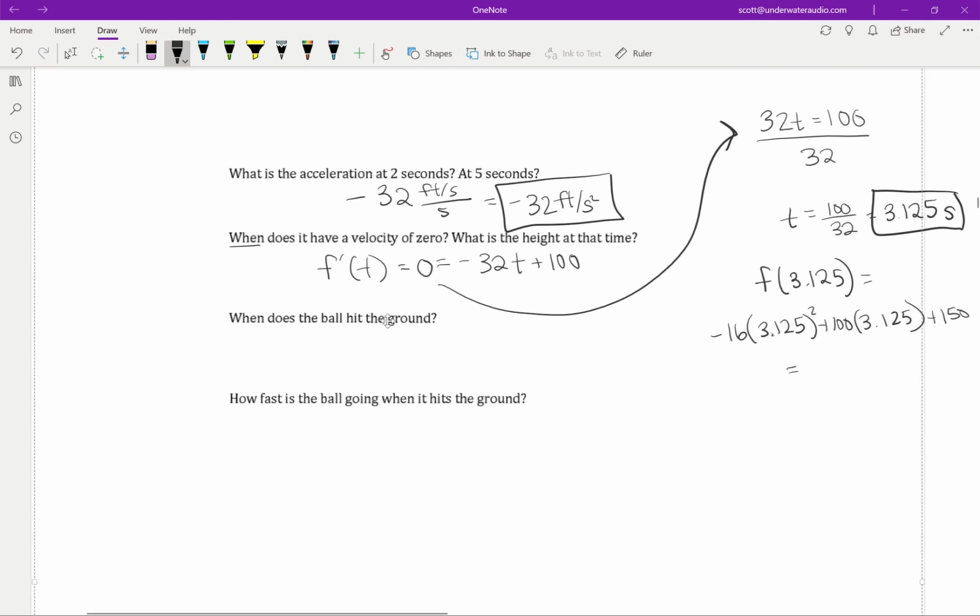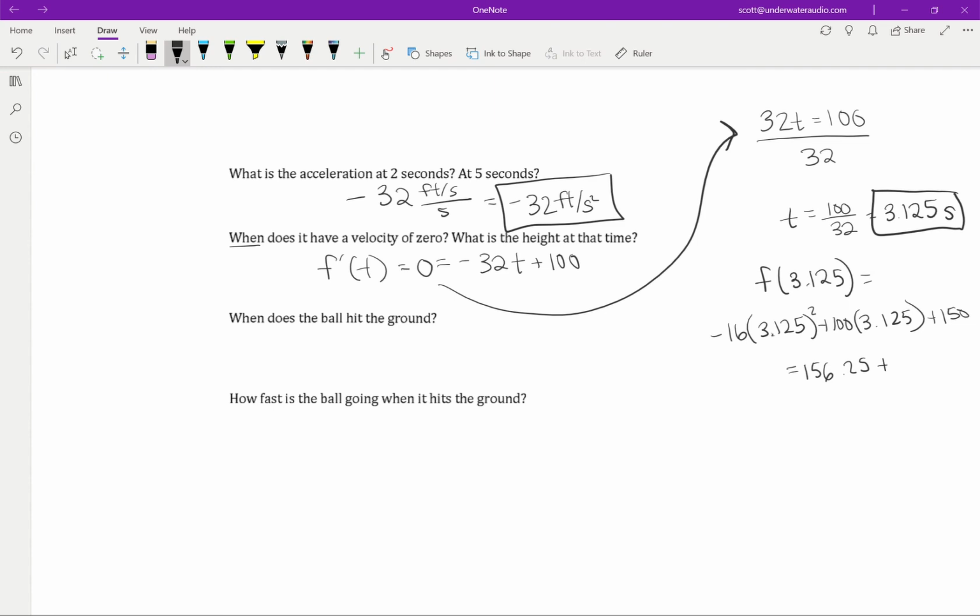I'm going to use my on-screen calculator because my phone just died. So negative 16 times 3.125 squared. Okay, so I get 156.25, and that's a negative 156.25.